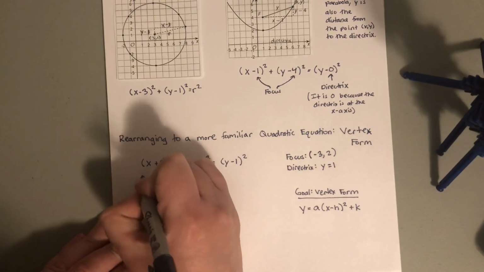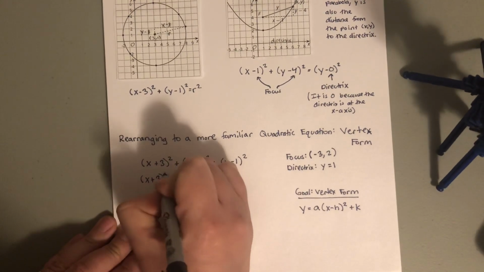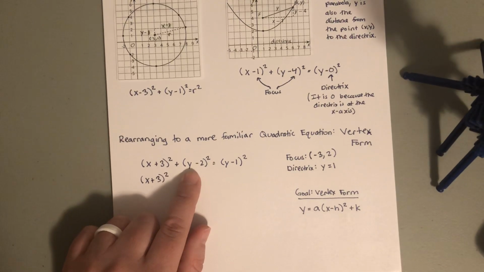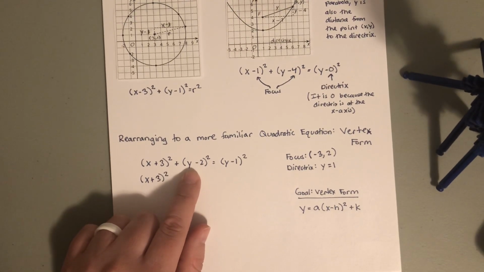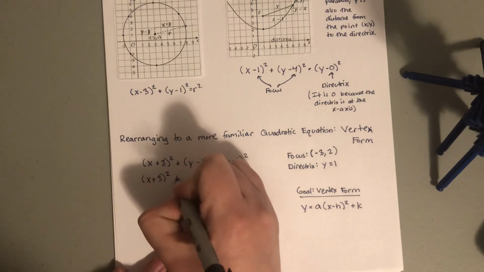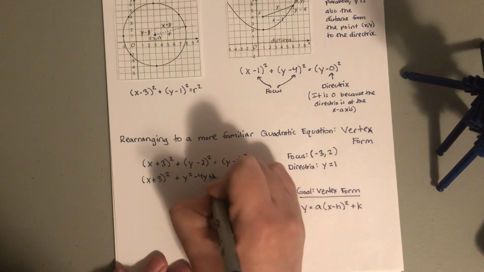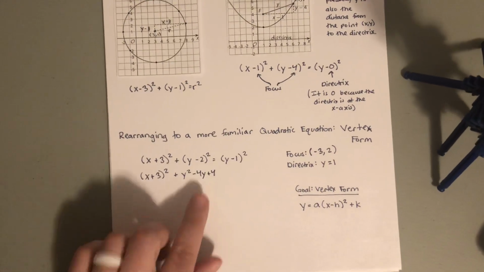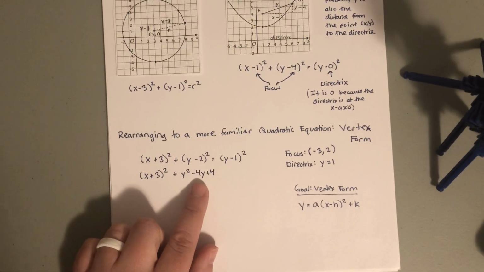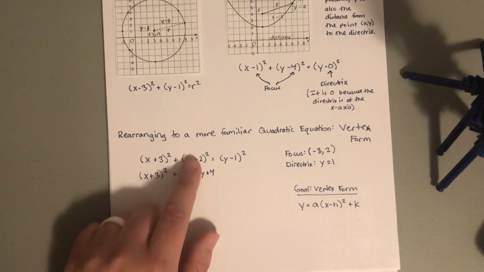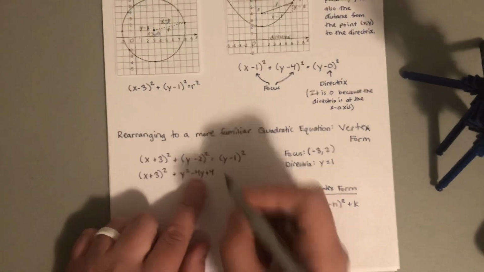So I'm going to rewrite it like this. (x plus 3) squared. Now I know that this is a perfect square. This turns into a perfect square trinomial using those box things. And so that would actually turn into y squared minus 4y plus 4. If you're not sure how that turned into that, refer back, I think, to video number 3 and maybe 4, where we talk a lot about how this goes back and forth using the box method.